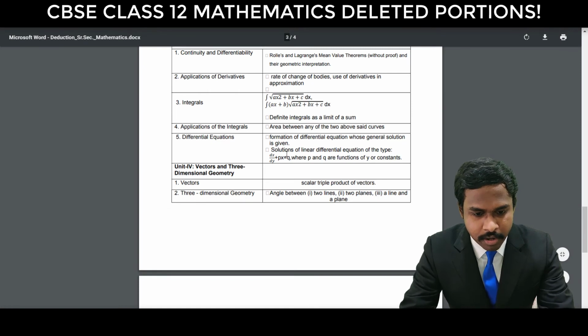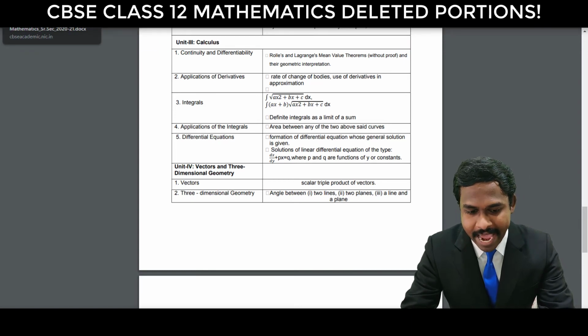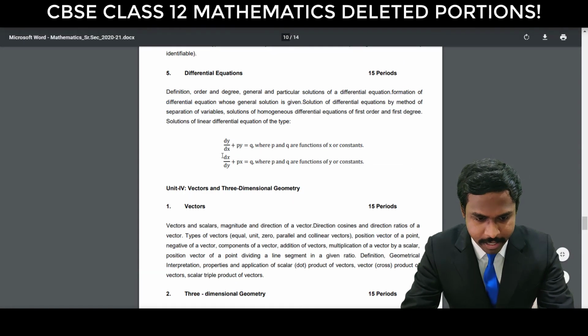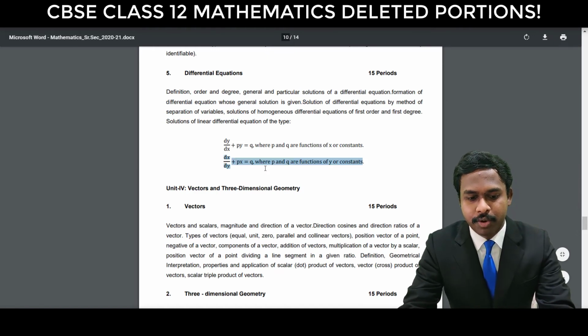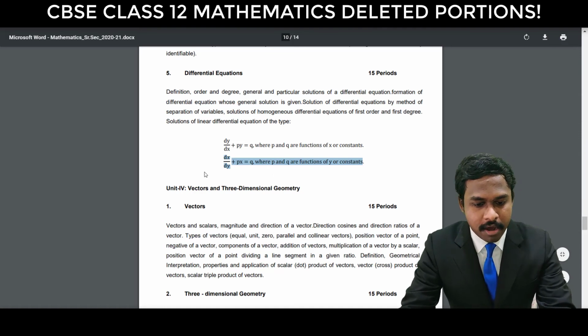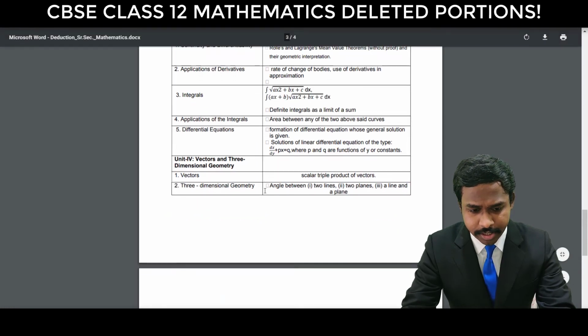And also solution of linear differential equation of the type dx by dy plus px equal to q. So this one is not there, the second part, okay? dx divided by dy plus px equal to q, where p and q are functions of y or constants. This is not there.